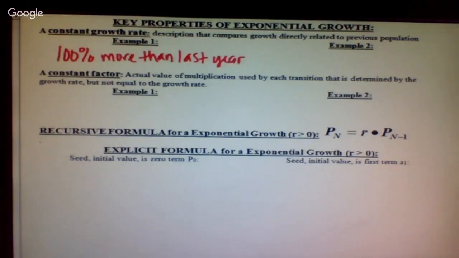So if we are at 100% more than last year, everybody starts at 100. We're going 100% more than that. So that gives me 200. What is that written as a decimal? 2. So your constant factor is a 2. So you would multiply by 2 every time.